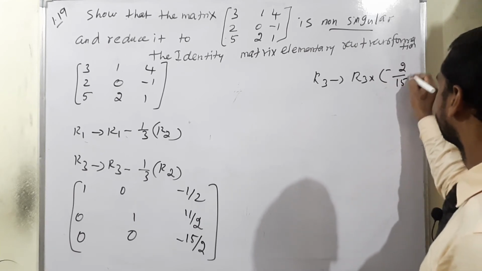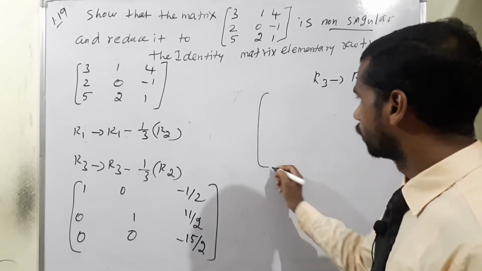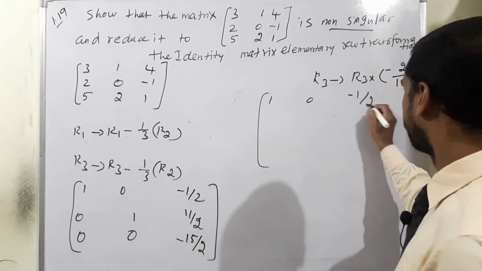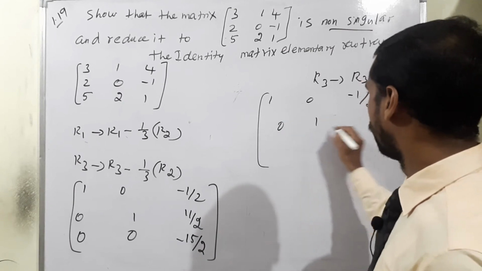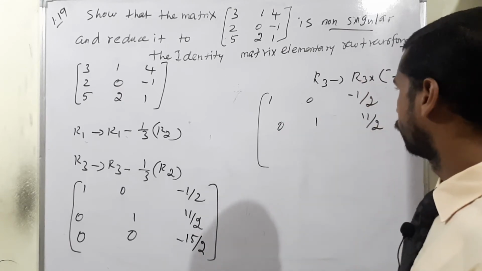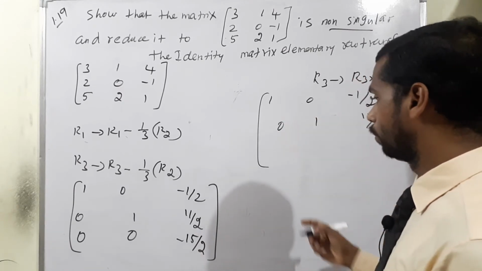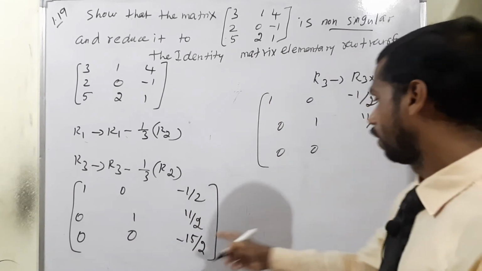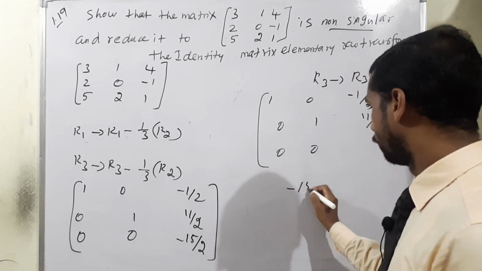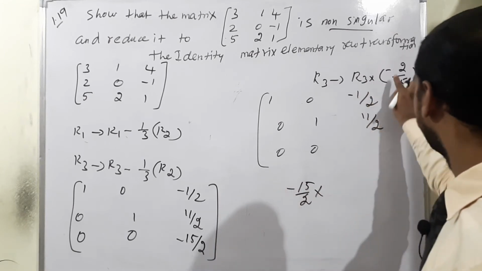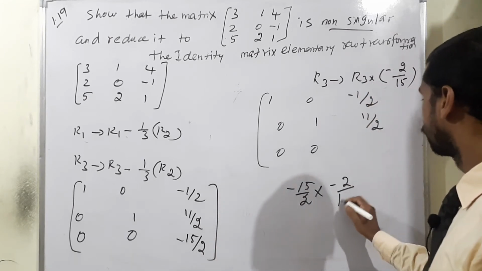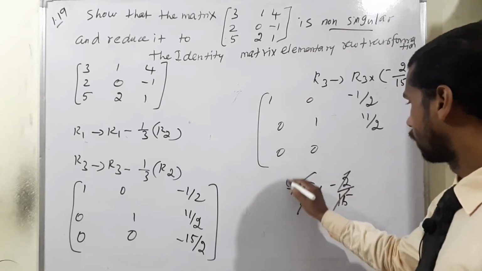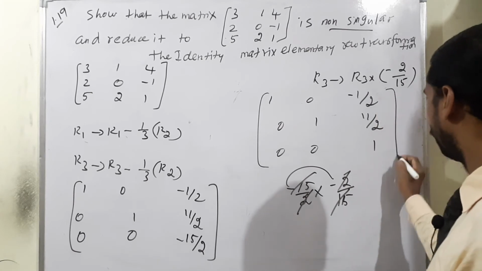Therefore R1, R2 as it is: R1 value 1, 0, minus 1 by 2. Next one 0, 1, 11 by 2. Next condition, into minus 2 by 15: 2 times 0, write it as it is. Second one, last row, minus 15 by 2 into R3 means minus 2 by 15. Therefore 15, 15 cancel, 2, 2 cancel, minus into minus plus. Therefore value will be 1.